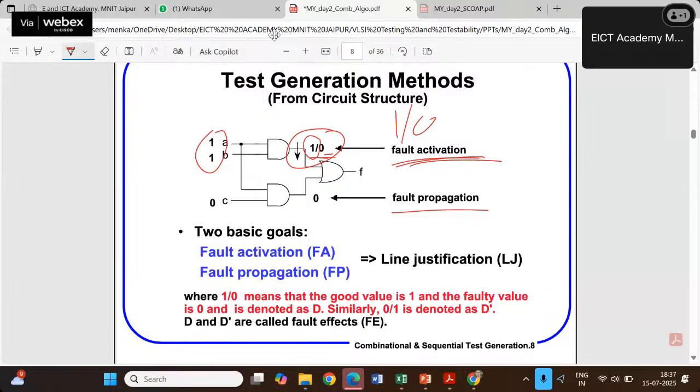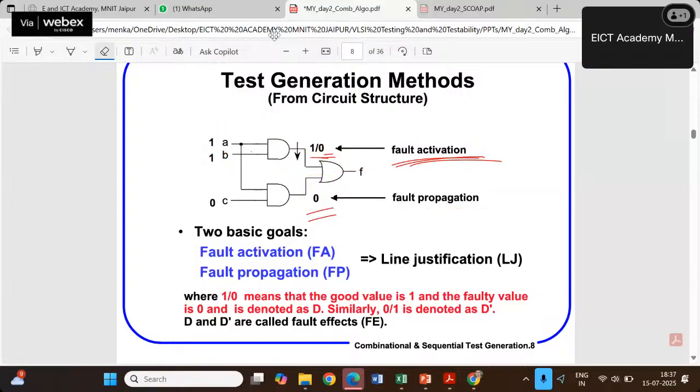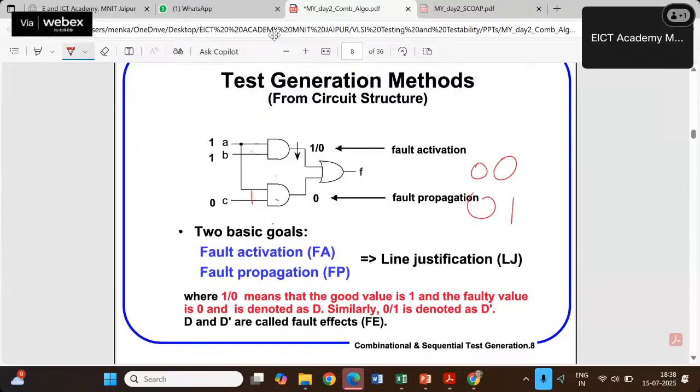Now my job is the fault propagation. In order to propagate the fault, my job is to push this fault to the output. For that, I need to put a non-controlling value at the other input. It is an OR gate, right? So for an OR gate, the non-controlling value is 0. In order to get 0, for an AND gate I have 3 combinations: 0, 0, 0, 1, and 1, 0.